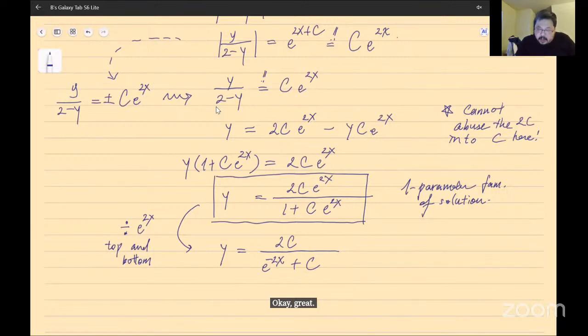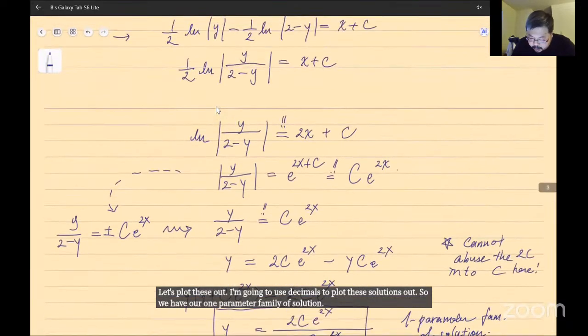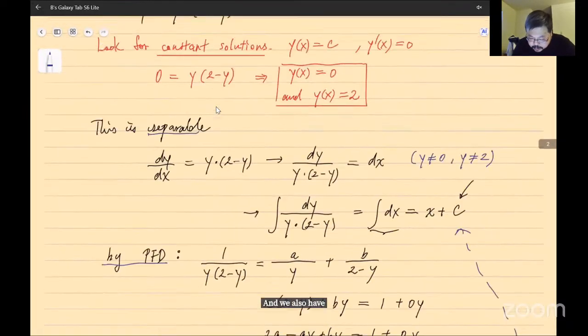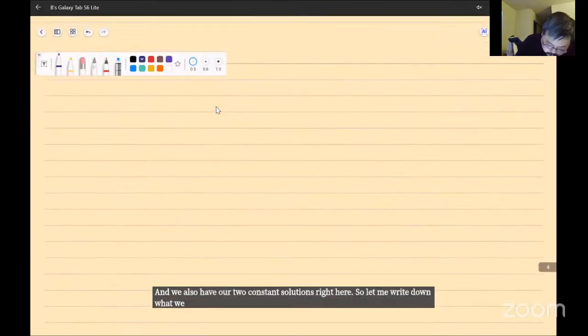So what are these things? Let's plot these out. I'm going to use Desmos to plot these solutions. We have our one parameter family of solutions, and we also have our two constant solutions. So let me write down what we have so far.